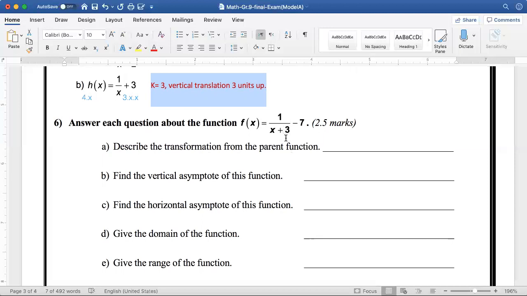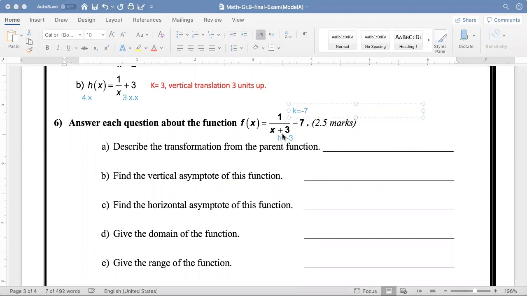First, I have 1 over x plus 3, so h takes the inverse of the sign here. H is equal to negative 3, and k is equal to negative 7. K takes the same sign as the problem, and h takes the inverse of the sign.